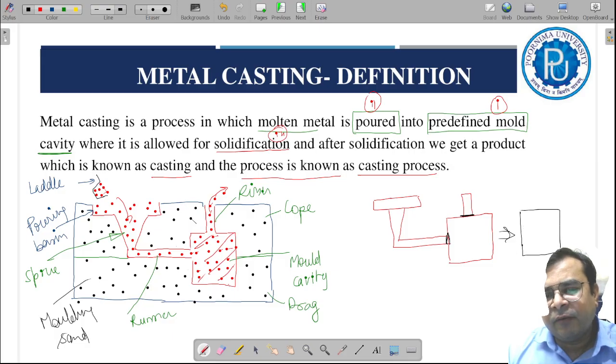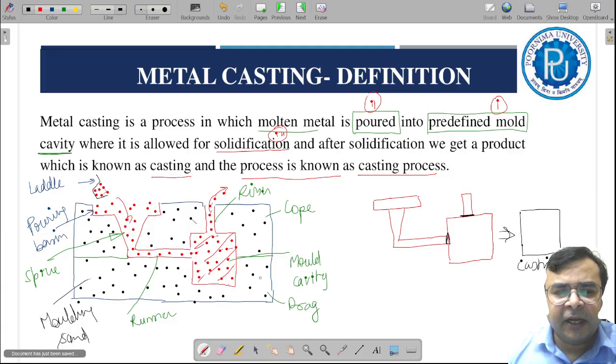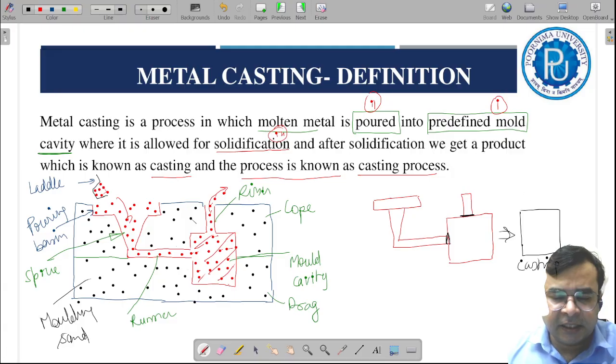Obviously we will then perform some finishing operations, like shot blasting, so that we can get an appropriate surface finish. And if it is required, we can do machining, and then some other finishing processes. Is it right? So this product is called a casting product, or you can say the final product. And this entire process through which you make this casting product is called the metal casting process.